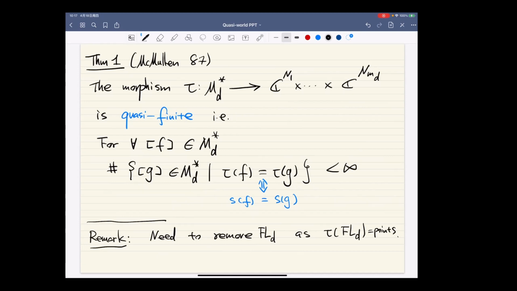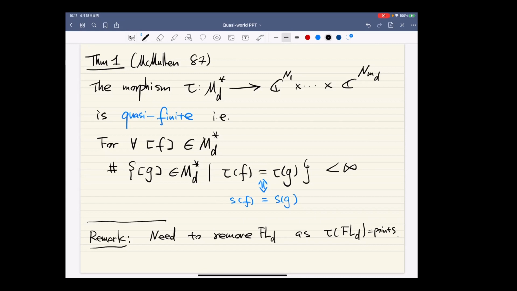This just means that for every element f in M_D star, the set of g which has the same value of tau as f is finite.